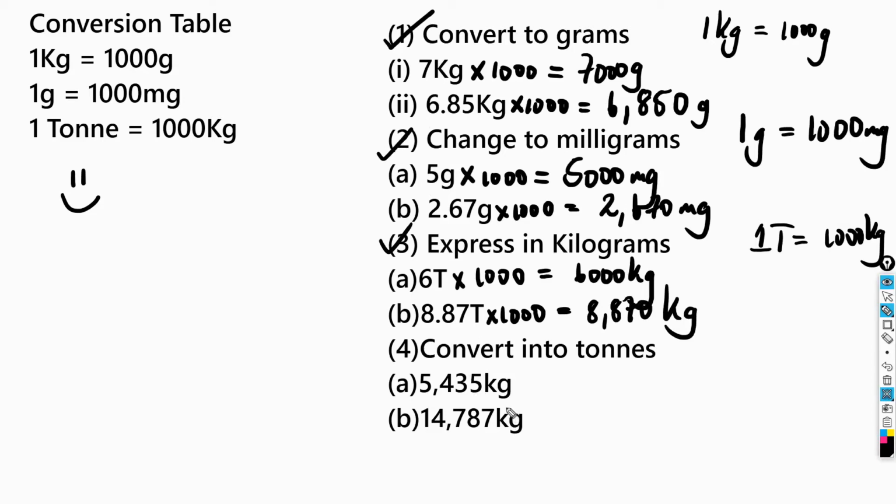For the last example, it says convert into tons. We use the same fact, that 1 ton is equal to 1,000 kilograms. For 5,435 kilograms, all we have to do is divide by 1,000 to get the amount in tons, so we end up with 5.435 tons.